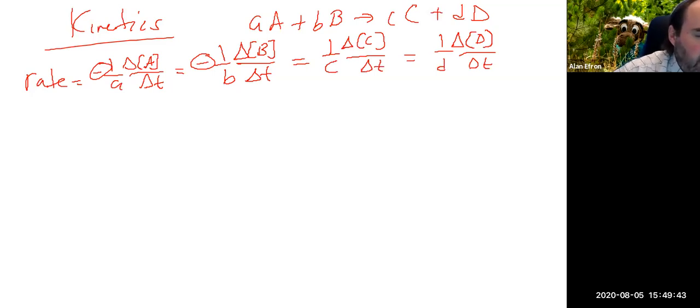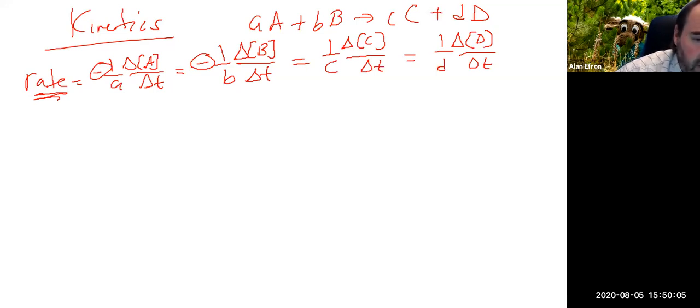Also, those negatives are there because the rate value, or the average rate for that reaction, should end up being a positive number, and that happens because for a reactant, the final concentration is going to be less than the initial concentration, and that gives us a negative there for our change in A, for example. That negative and negative will turn our rate into a positive number.